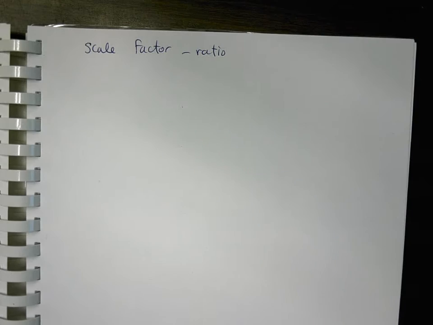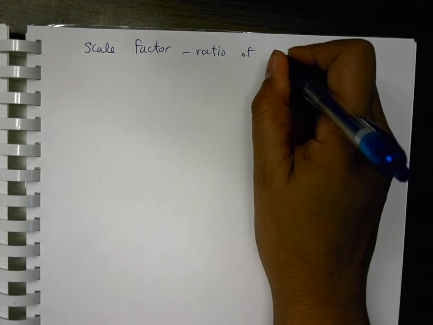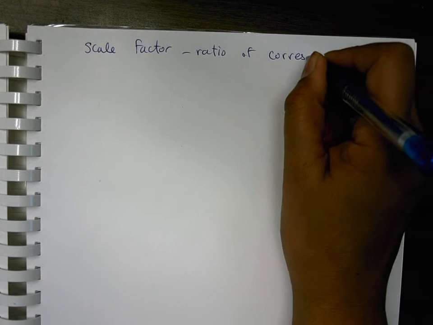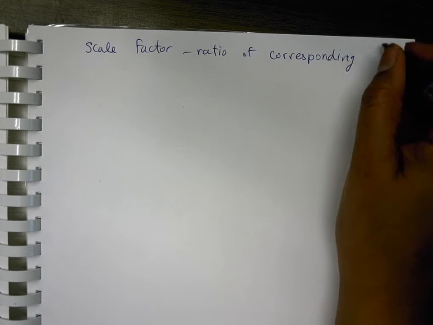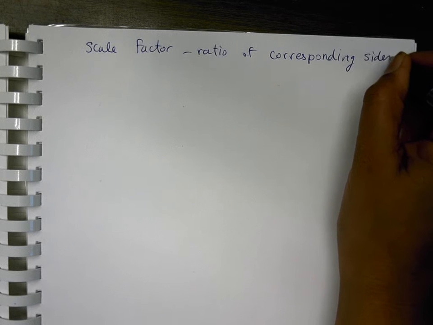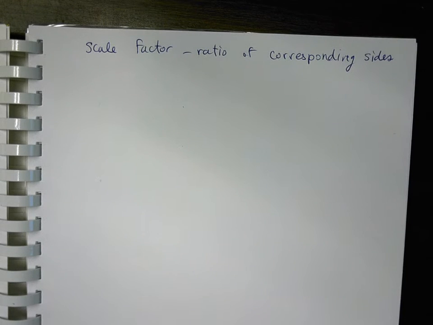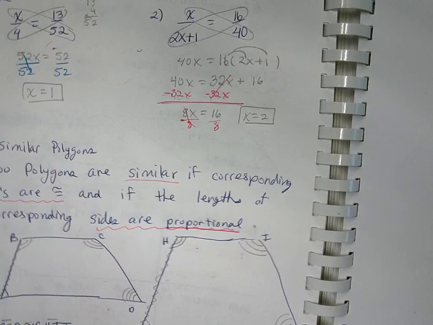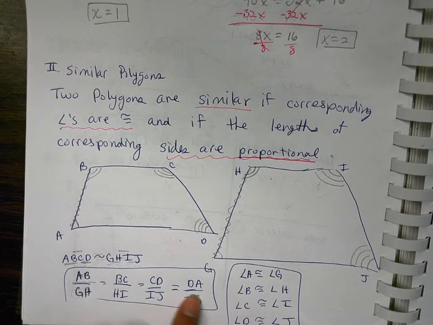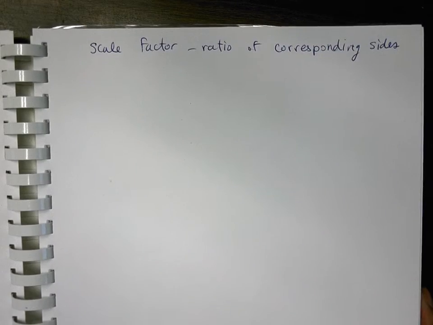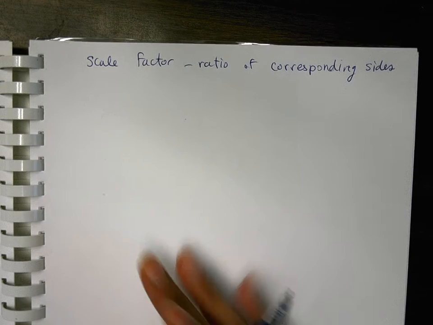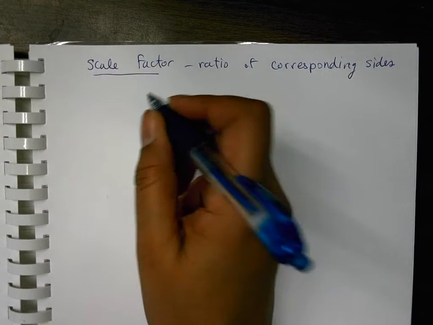A scale factor is a ratio of corresponding sides. It's a ratio of corresponding sides. All right, for example, this here would be our scale factor. What we had numbers and we reduced them and they all equaled each other. That would be our scale factor. All right, we're going to draw a picture.